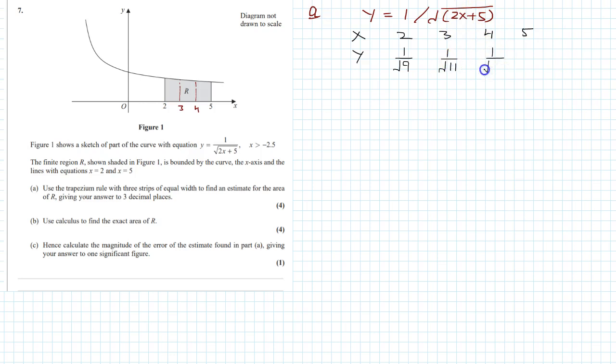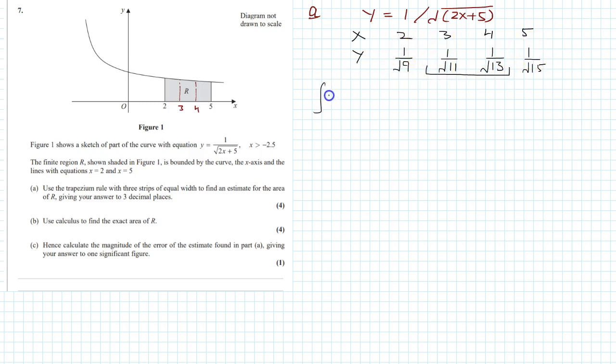This is 1 over root 4 times 2 is 8, 2, 10, 3, 13. And this is 1 over root 5 times 2, 10, 15, root 15. So these are the values. So these are the inner values and these are the extremes.